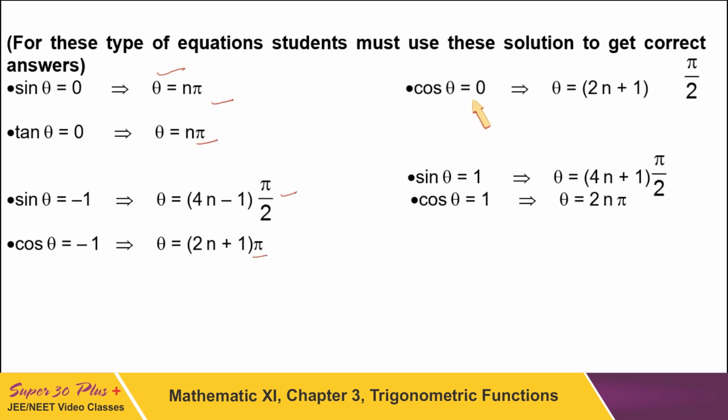Cos theta is equal to 0, theta is equal to 2n plus 1 pi by 2, which means an odd multiple of pi by 2. And sin theta is equal to 1, theta is equal to 4n plus 1 pi by 2, which means pi by 2, 5 pi by 2, etc. And cos theta is equal to 1, theta is equal to 2n pi.